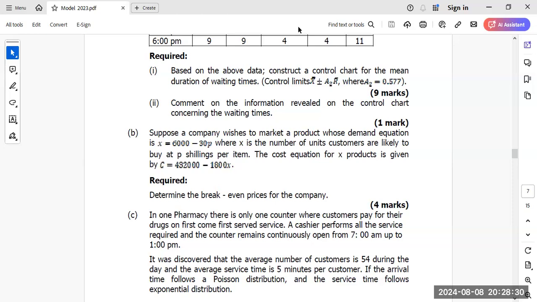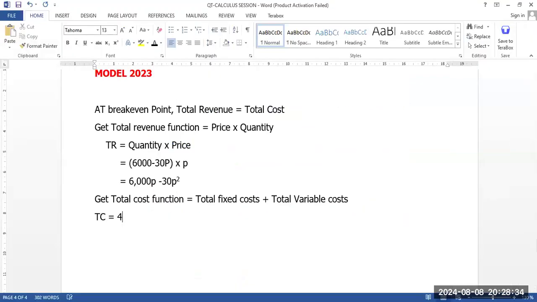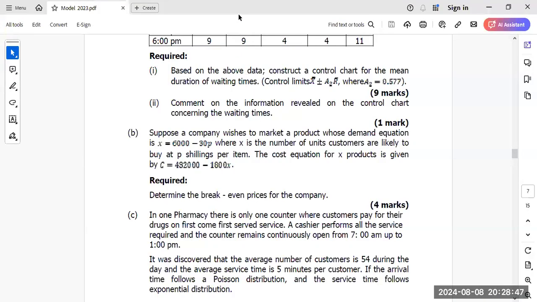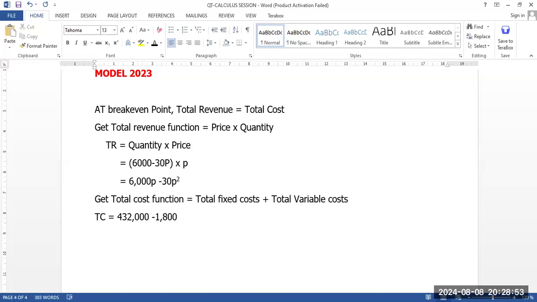Oh, this is 400. This is 432,000 minus 1,800p.